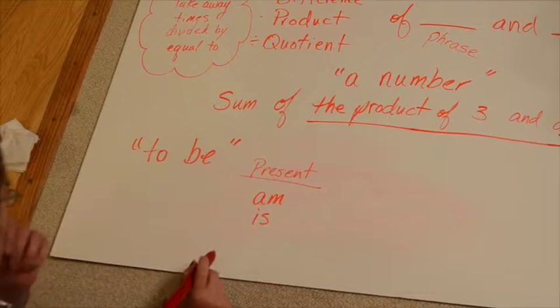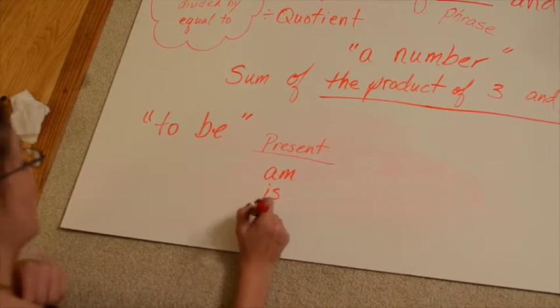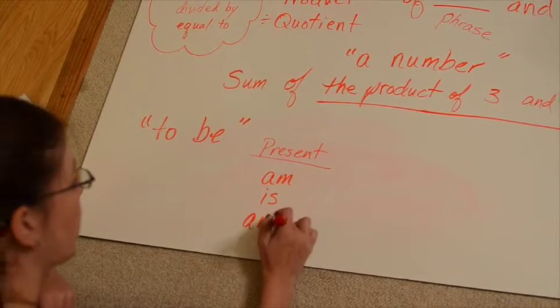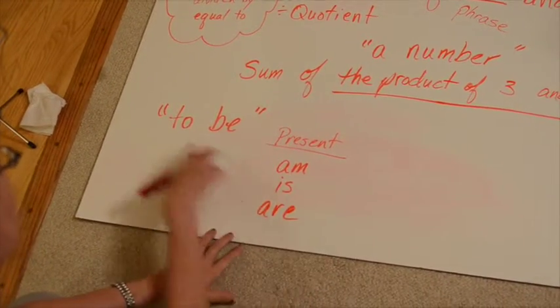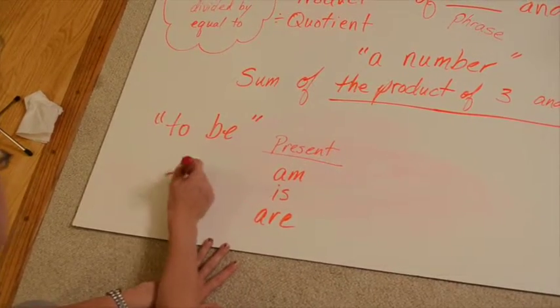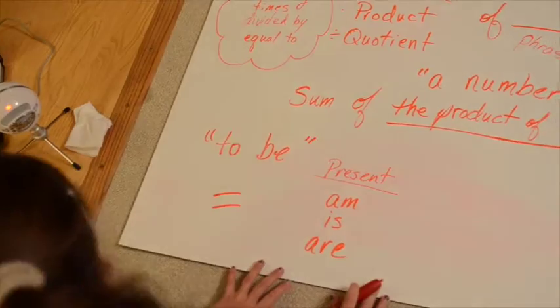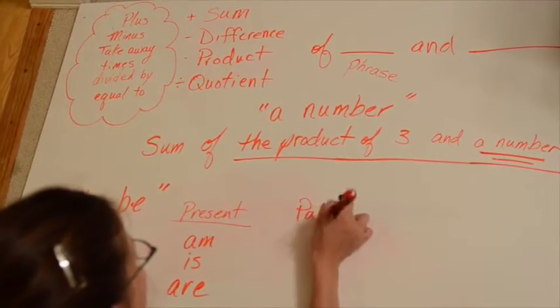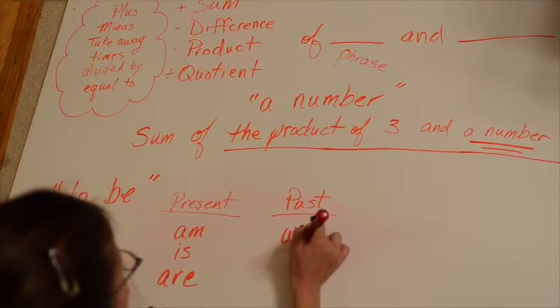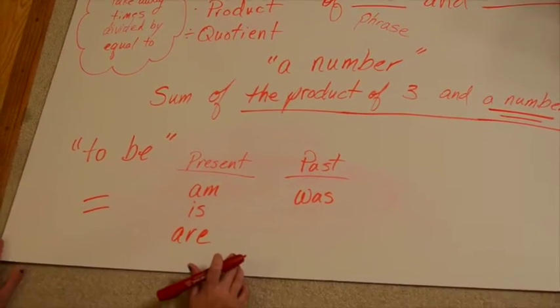So is the word is. If you have more than one object, you might also see the word are. All of these symbols, or these words, go with the symbol equal. To be is to be equal to. Then you can also have the past tense, singular, both for first person and second person.